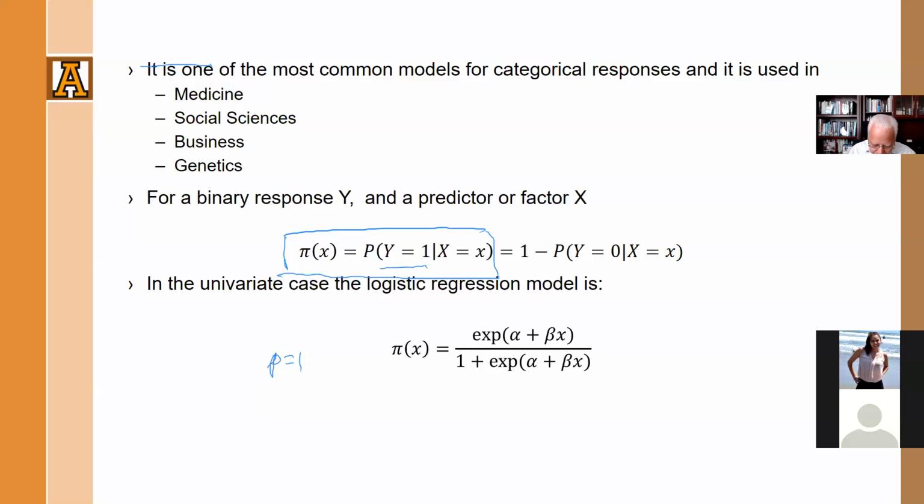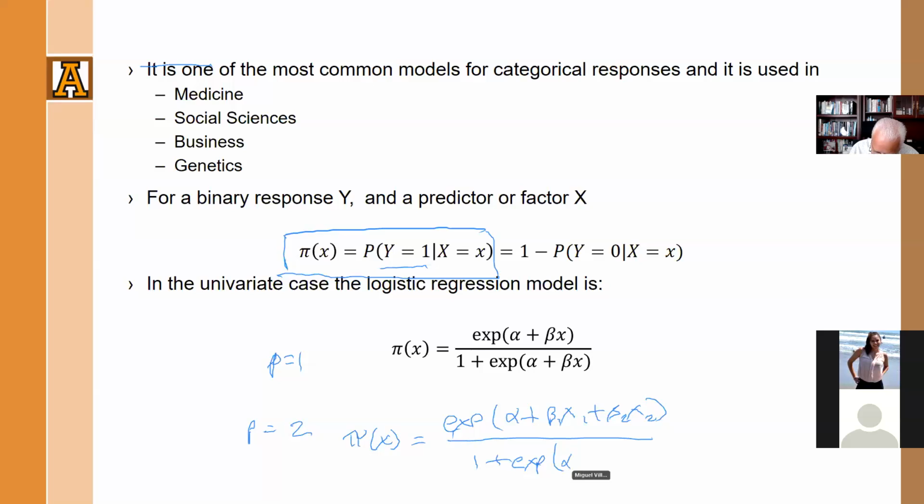If p is equal to 2, then pi of x will be the exponential of alpha plus beta 1 x1 plus beta 2 x2 divided by 1 plus the exponential of alpha plus beta 1 x1 plus beta 2 x2, and so on for p equal to little p in general.